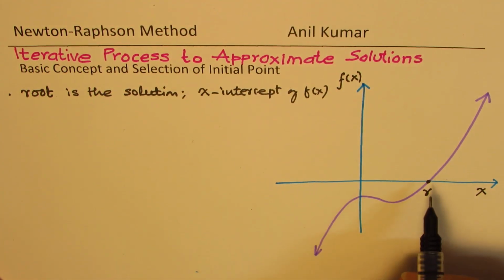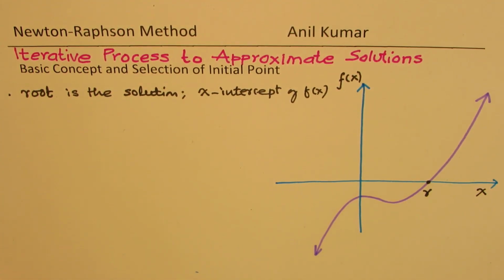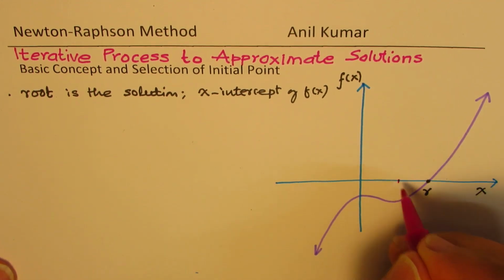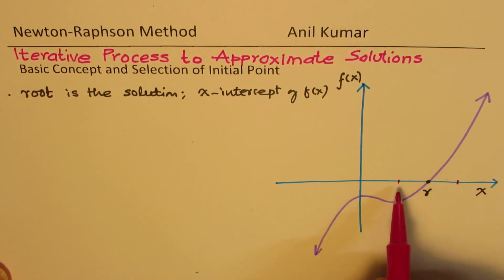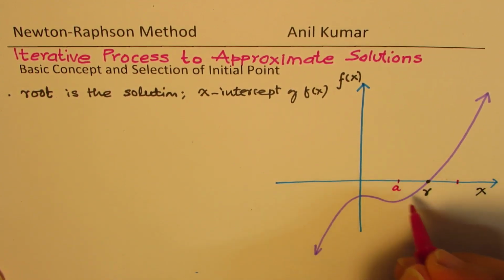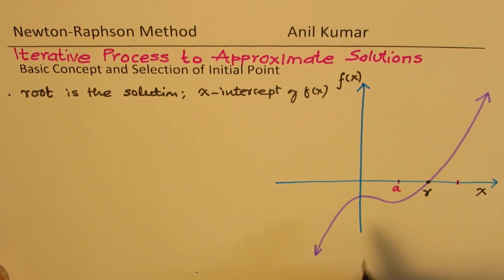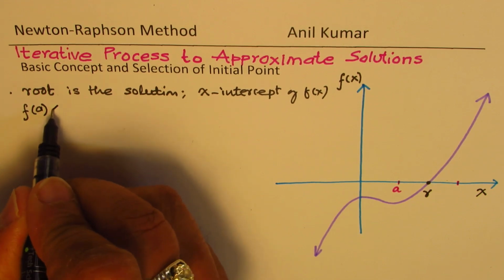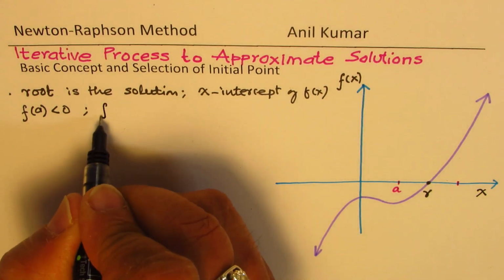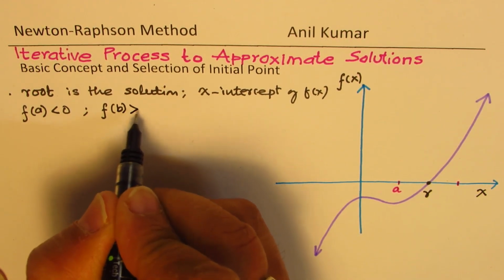Now let us say we found that this root is between two values. And how do we figure this out? At a value a, for example, we discovered that the value of the function at a is less than 0. The value of the function at b is greater than 0.